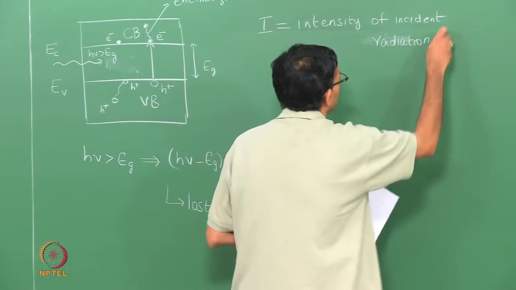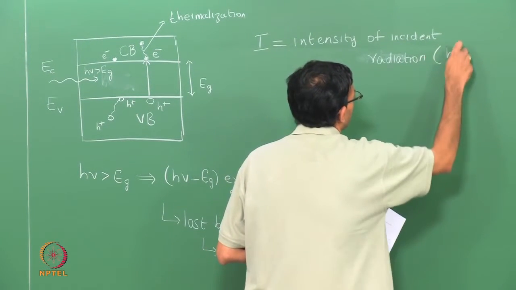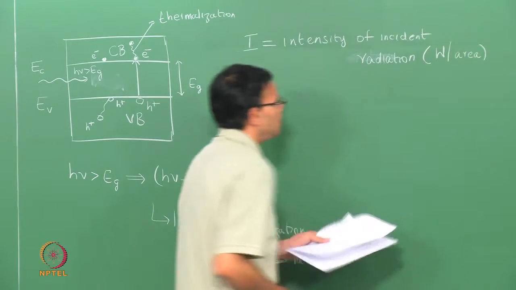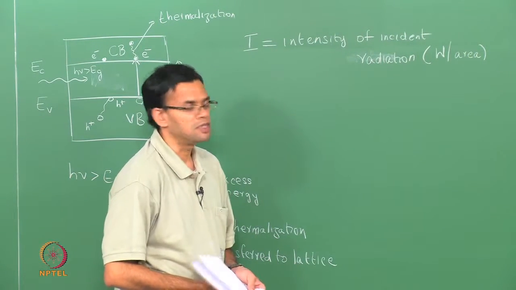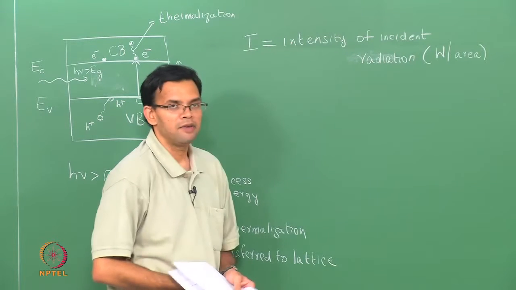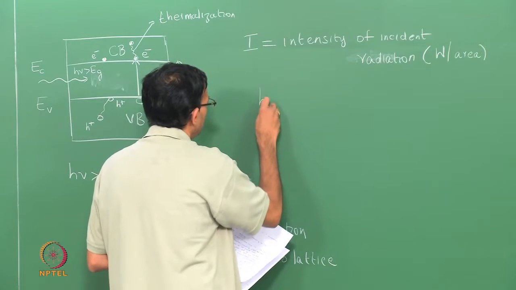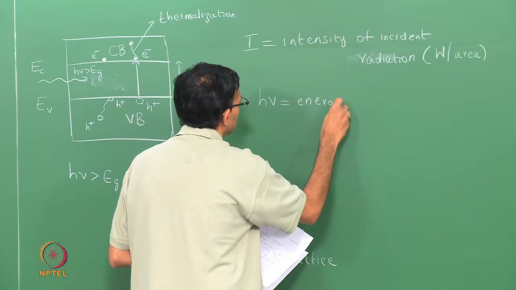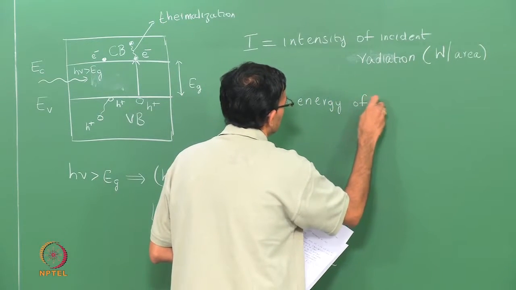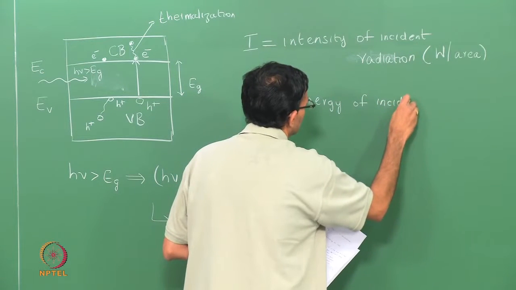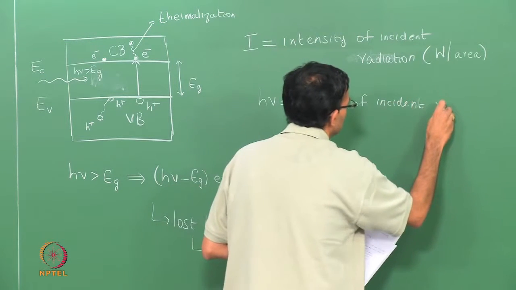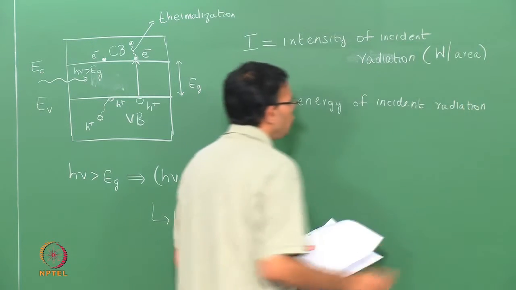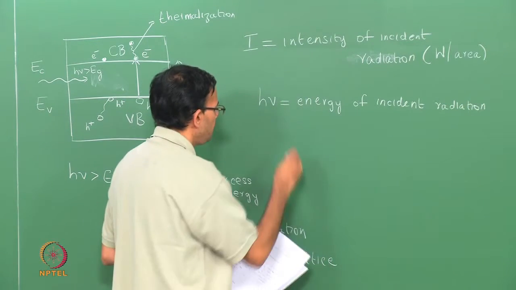So, this is, let me say, watt per unit area, which is nothing but the power that is delivered to the sample, and if h mu is the energy of the incident radiation, mu is nothing but the frequency.